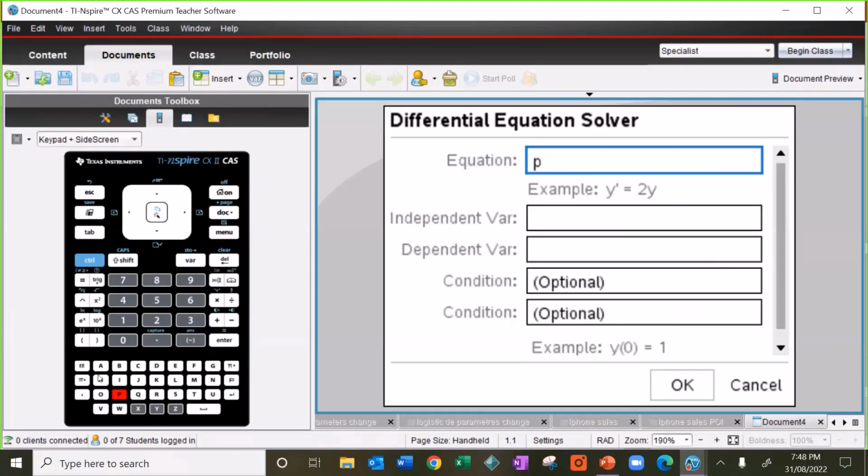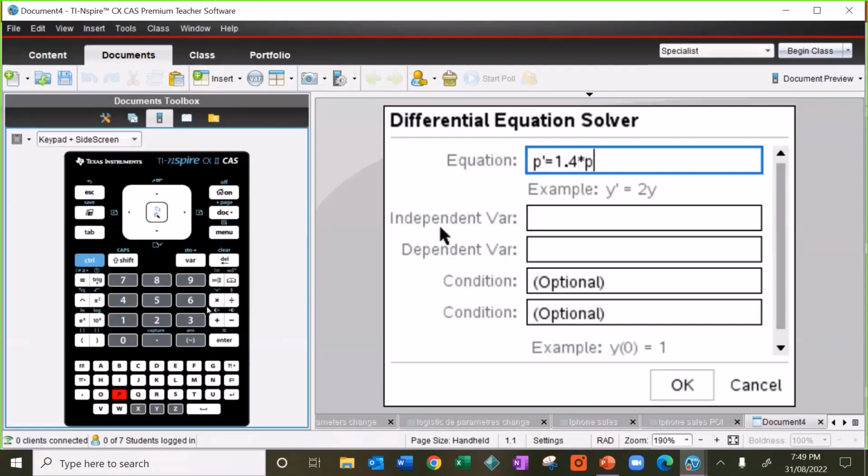So we go P dashed. I believe most teachers would know how to enter this equation: equals, and I will start with 1.4, and then we go times P, and then times 1 minus P over, and for comparing how K affects the graph, we'll use the carrying capacity 800.